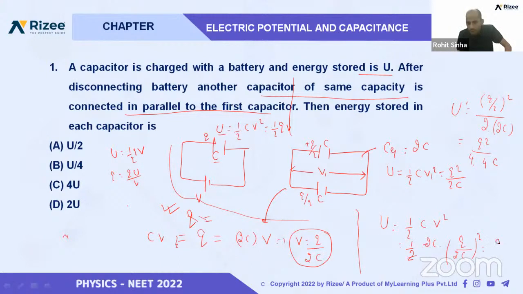You will get Q squared by 4C, and we know this is Q squared by 2 into 2C. We know the value of the initial energy U is Q squared by 2C. That means the new energy stored will be U by 2. So our answer will be A.